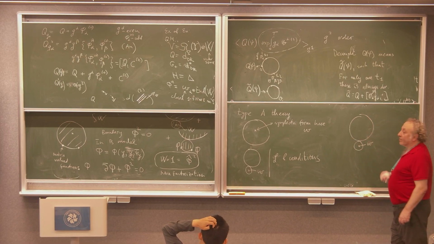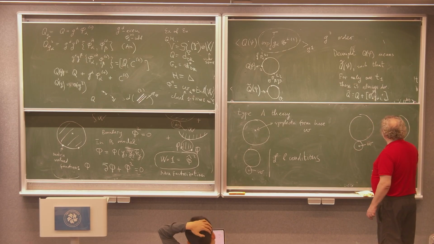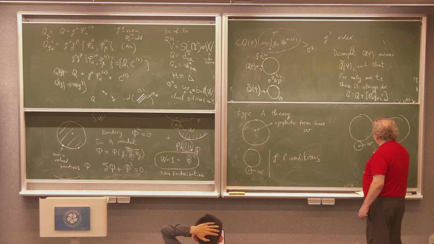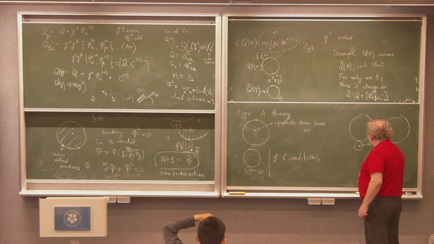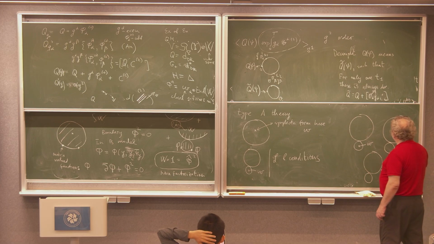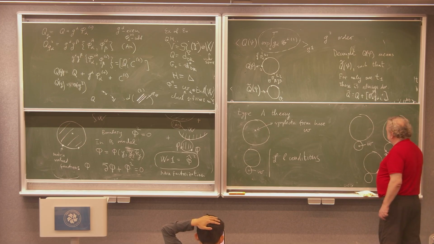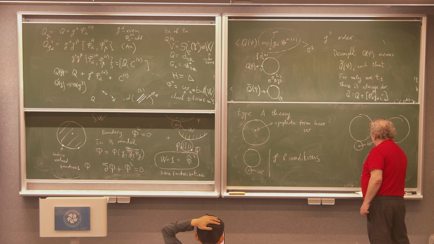To put here the symplectic form, and to cancel it by the following. Put here some fields phi and here field phi.